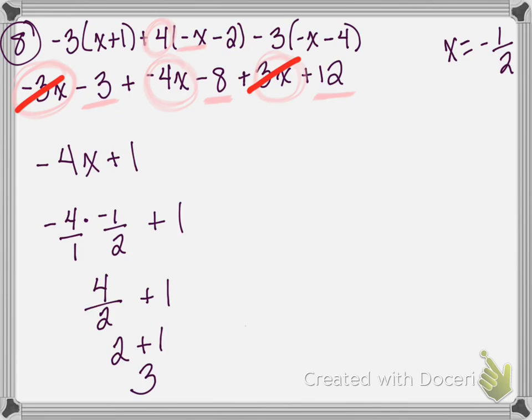If you did this the long way, if you plugged negative 1/2 into all those x's at the beginning and you got 3, you need to give yourself a huge pat on the back, because that is not easy.